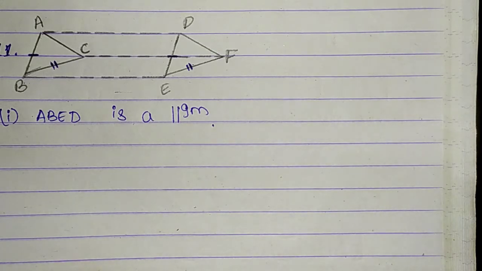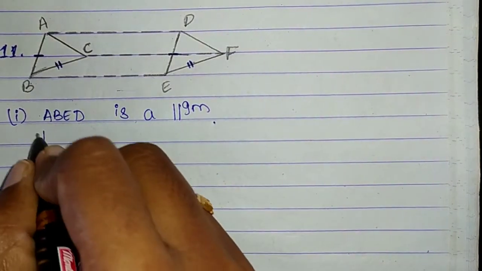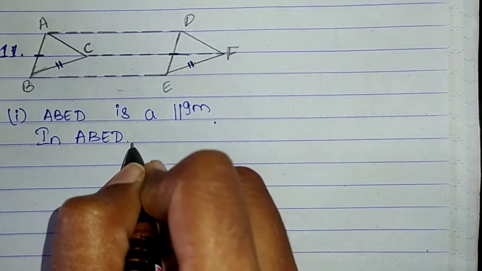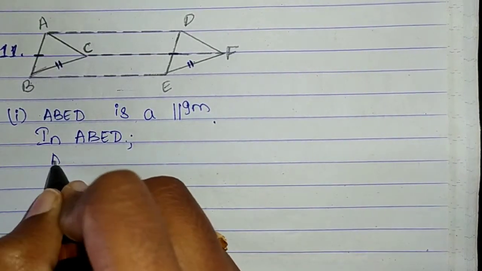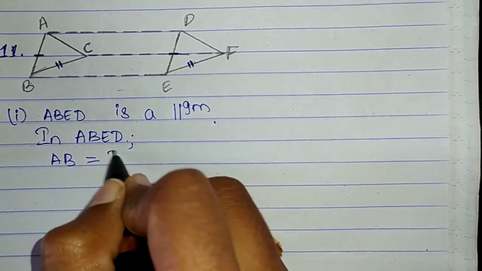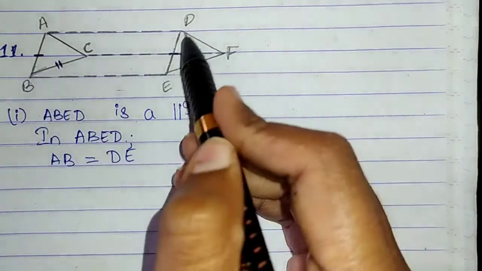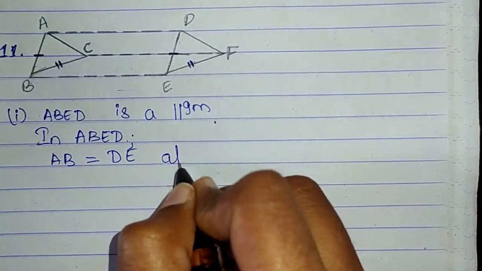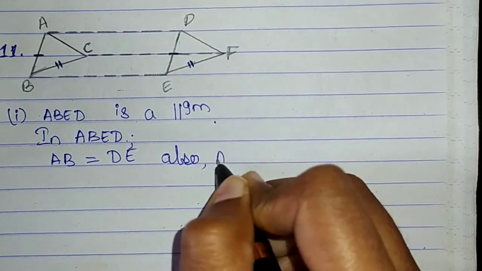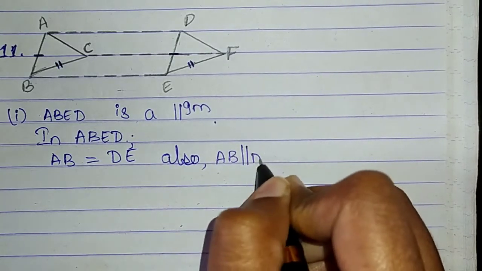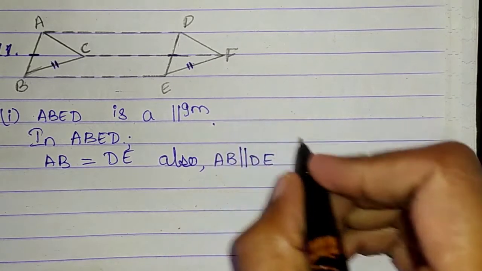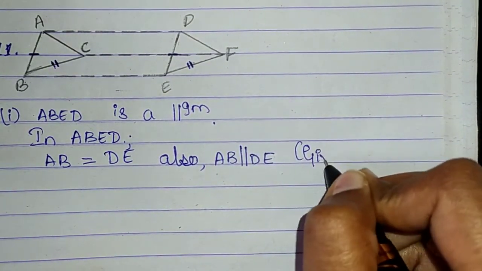So here in ABED, AB is equal to DE. AB and DE are opposite sides and they are parallel. Also AB is parallel to DE. This is given.